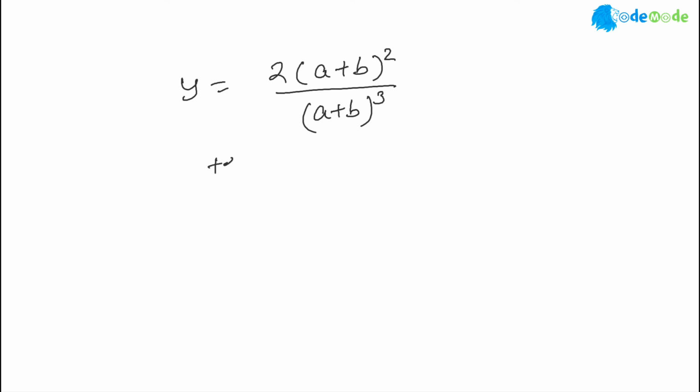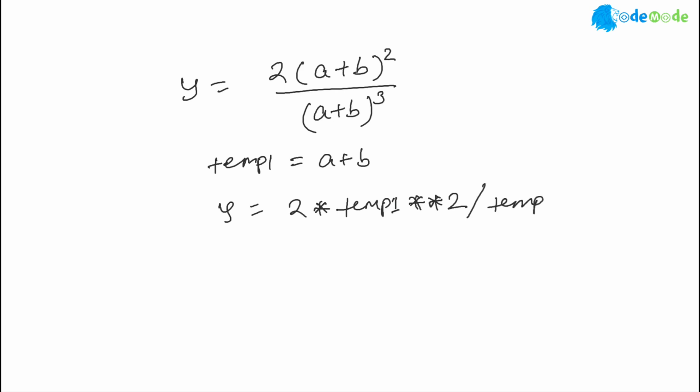So what I will do is I'll say temp1 equal to a plus b, and now this whole thing becomes y equal to 2 multiplied by temp1 power 2, divided by temp1 exponent 3, right? You can always cancel it, but if you don't cancel, I'm just giving an example.